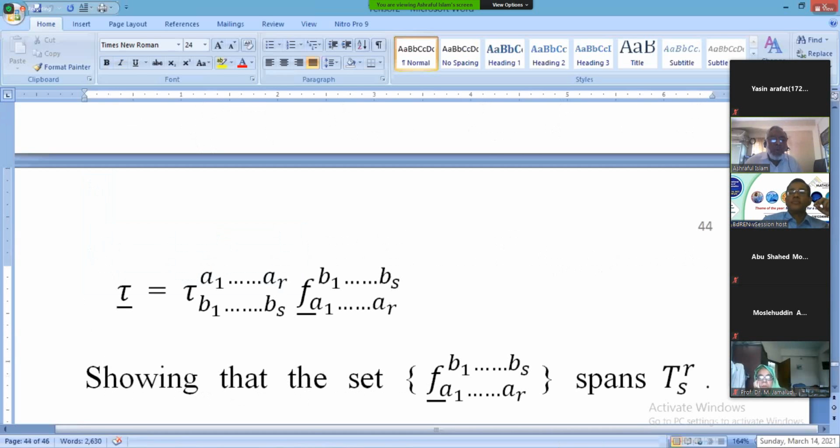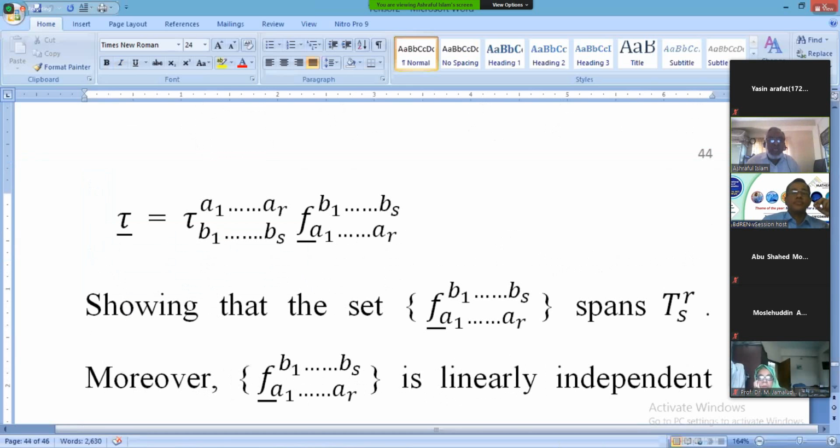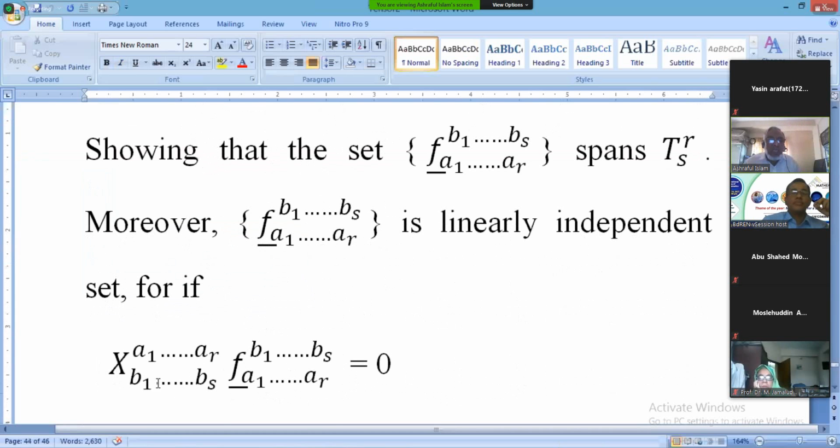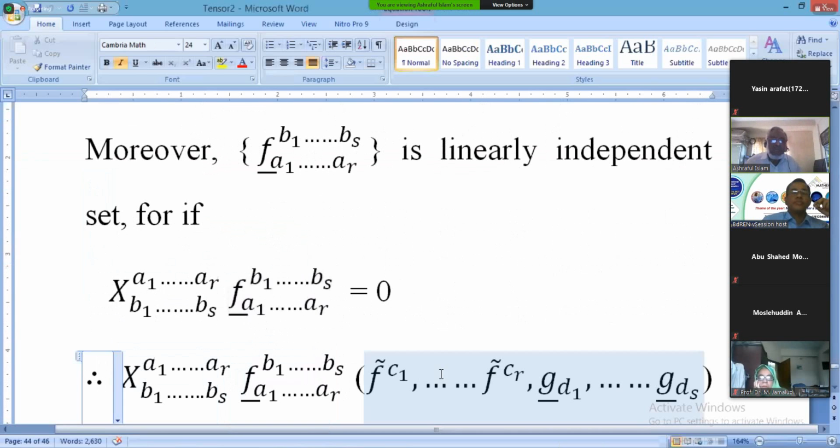Now we have to show that these basis vectors are linearly independent. We take this linear combination of the basis vectors and take the basis vectors as arguments on both sides.